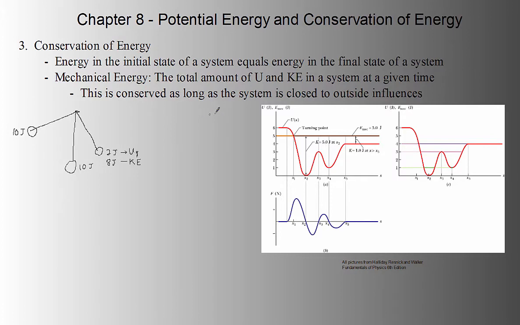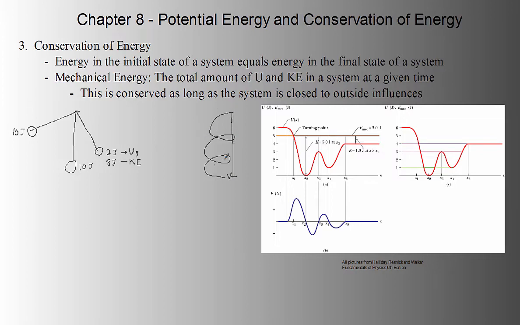Some other examples, like someone going down a spiral water slide at a park. You might be asked to figure out their velocity down here. You might think, oh, kinematics is gonna be hard because they're always changing direction. Ouch, right? But if you think of it in terms of energy, and you start at rest up here, you're a certain height up, and that height is a vertical distance.